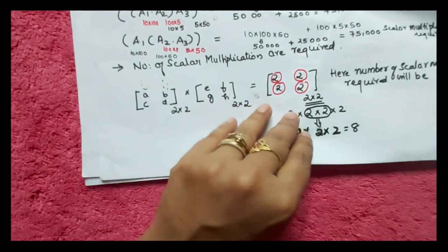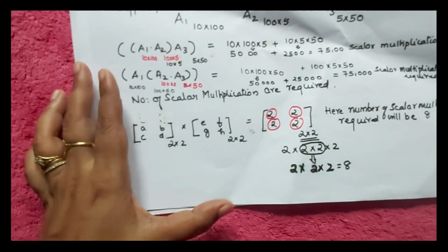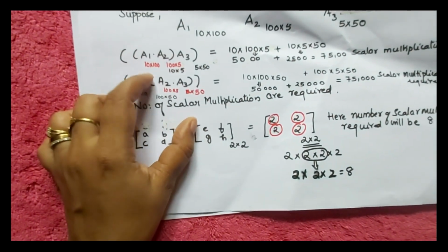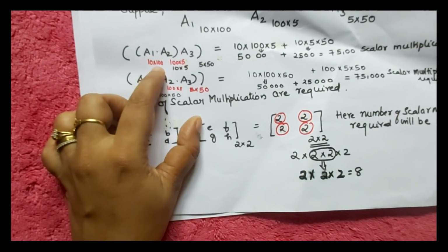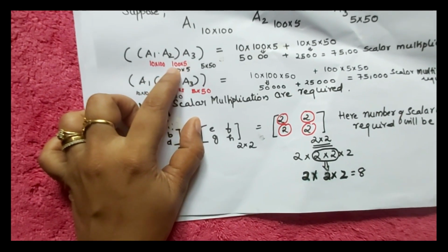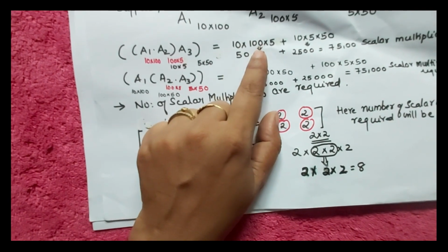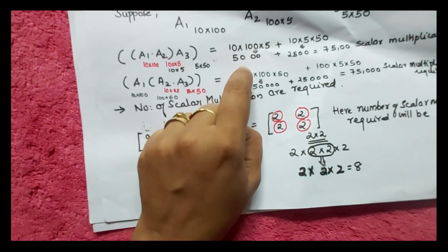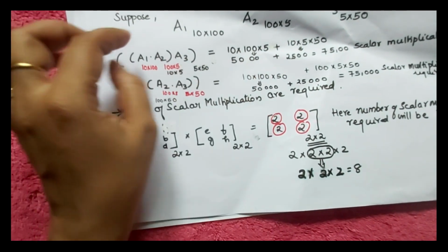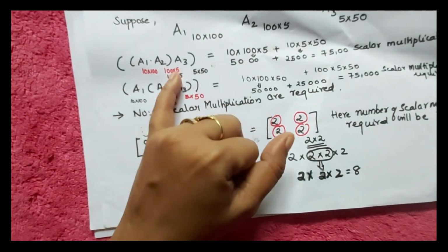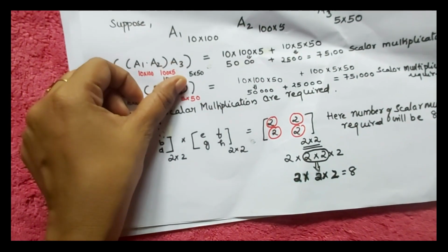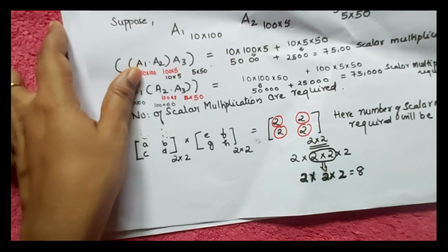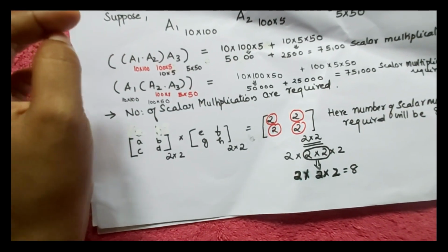Similarly you can do it here for A1 and A2. A1 is 10 into 100 and A2 is 100 into 5, so 10 into 100 into 5 is 5000. Now the order of A1 into A2 will be 10 into 5. You might have studied how to write the order in mathematics.